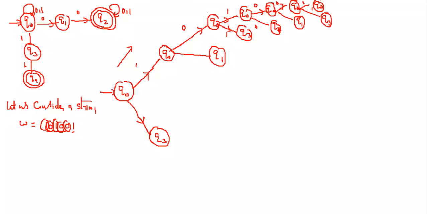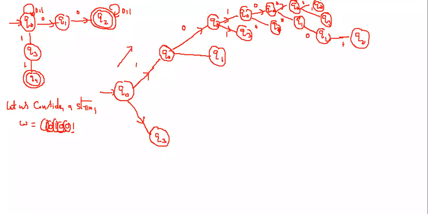Now again, after taking another 0, if you come in this way, you are going to Q2. Again, 1 on Q2, you are going to Q2 only.